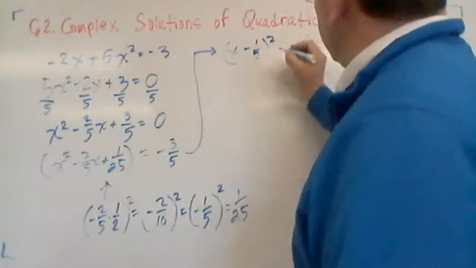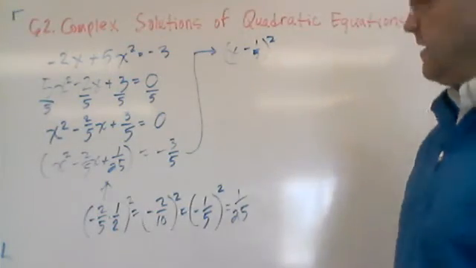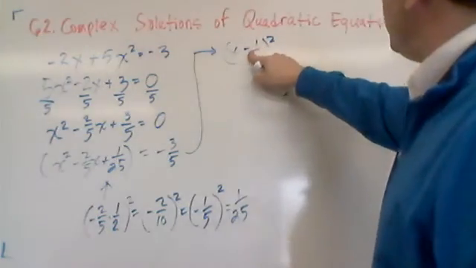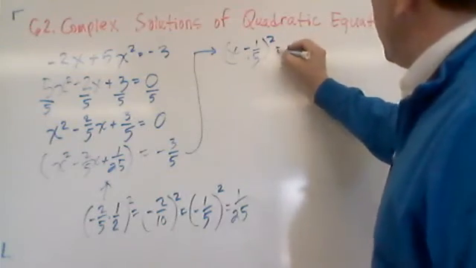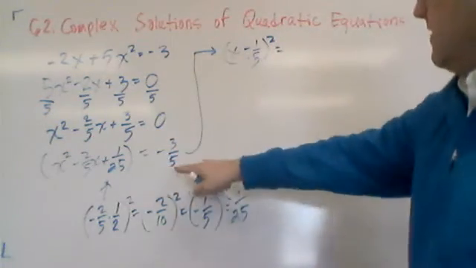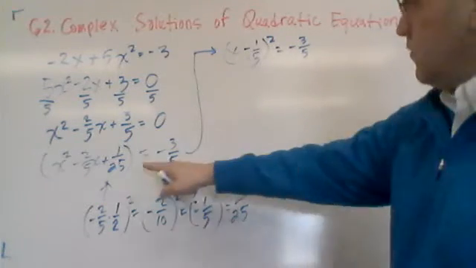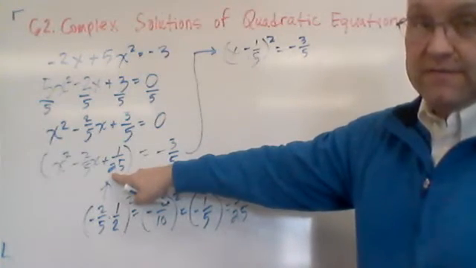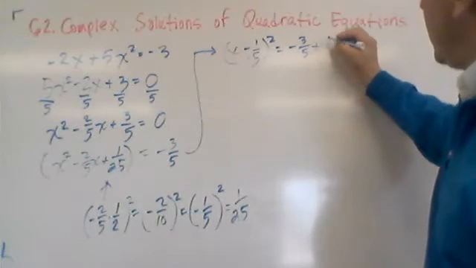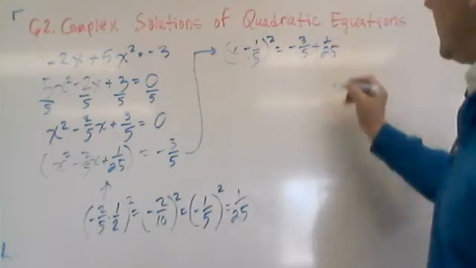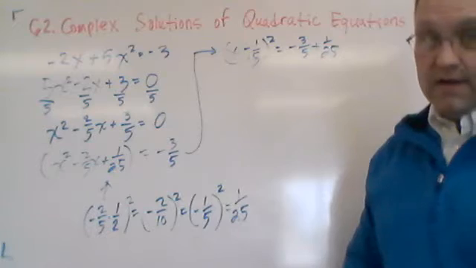And that's going to be squared. Excuse my penmanship here. That's going to equal that number over here, minus 3/5. But we added a 1/25 to that side, so we must add a 1/25 to the other side to maintain the equality.